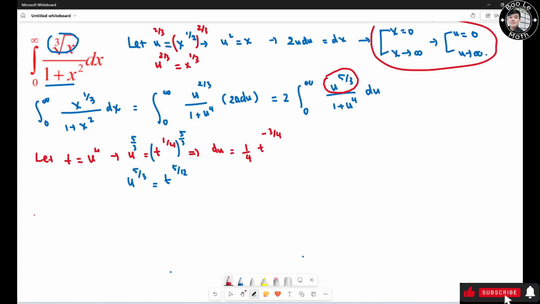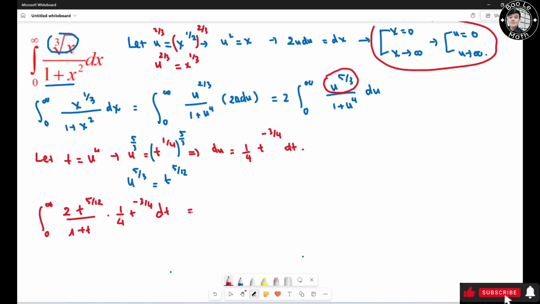So I have the integral from 0 to infinity of 2 times u^(5/3), which is t^(5/12), over 1 plus t, times du, which becomes 1/4 t^(-3/4) dt. I forgot dt right here.